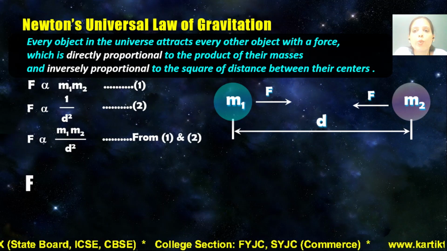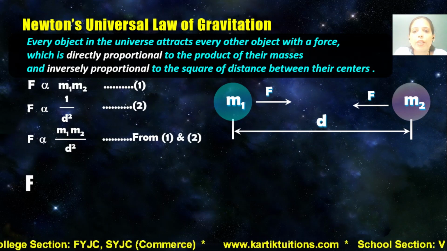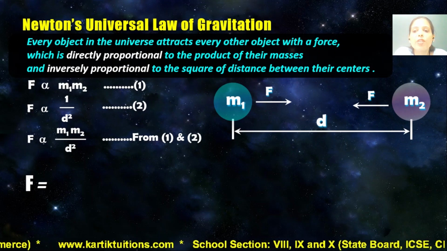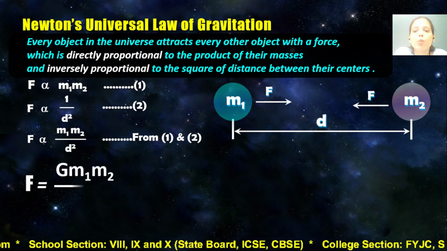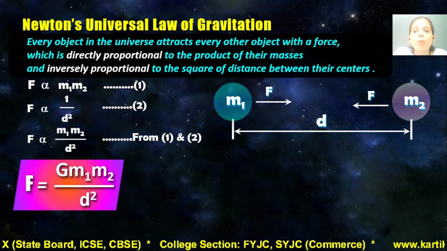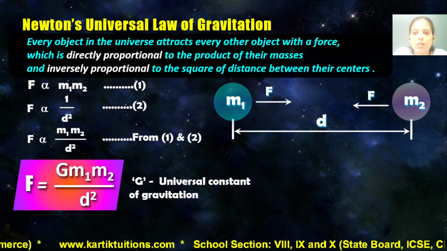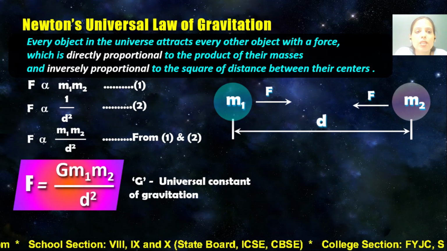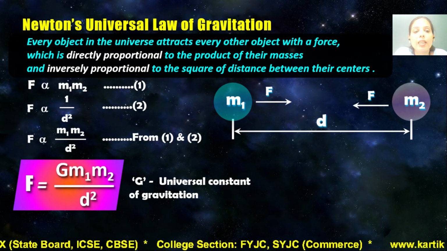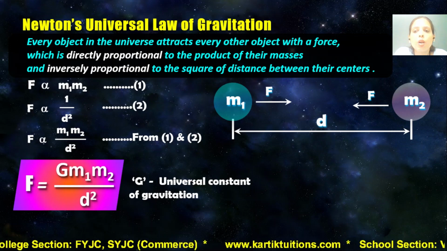Here we get the equation for Newton's law of gravitation, which is F is equal to G m1 m2 upon d square, where capital G is the universal gravitational constant, m1 and m2 are the masses of the two objects, and d is the distance between the two objects.